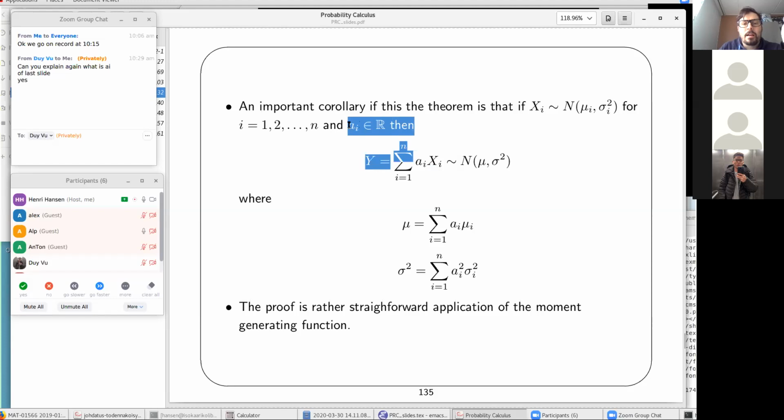You can think of ai as a vector, and we have a weight for each of these random variables. So let's say we take twice your salary plus 1 times your weight minus 3 times your height.